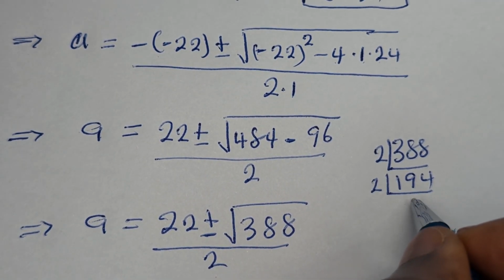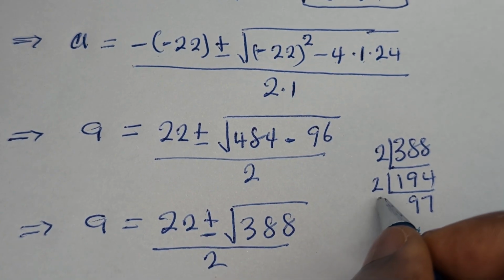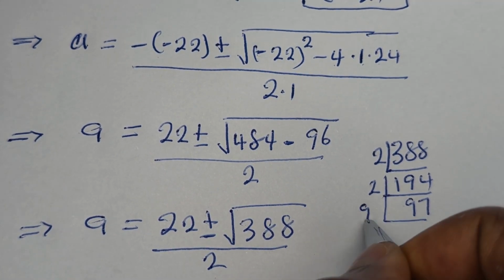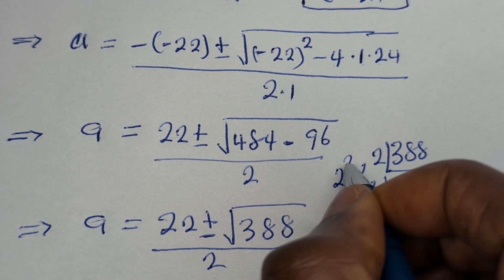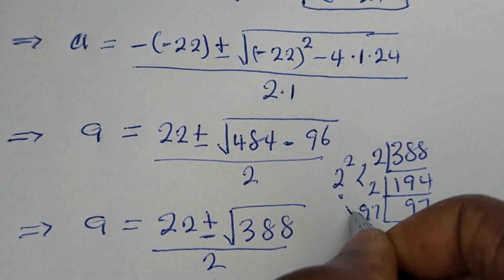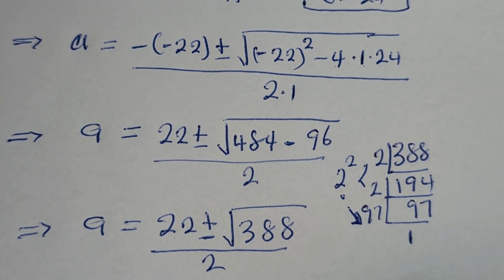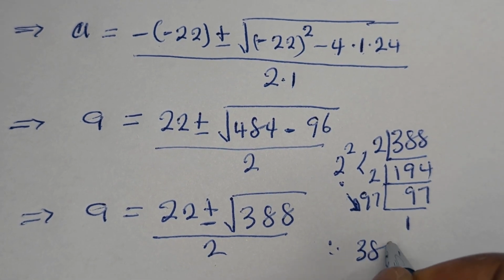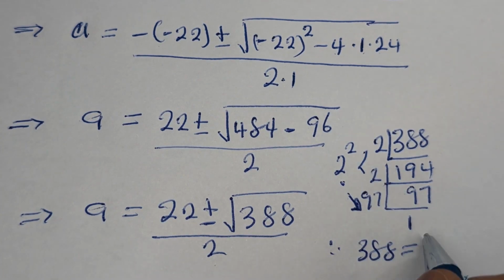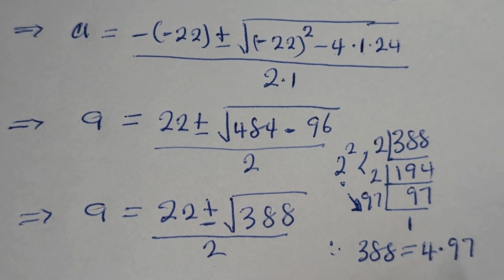That is 97, and 97 by 97 is 1. So we have 2 square multiplied by 97. Therefore, 388 is equal to 2 square, that is 4 multiplied by 97.